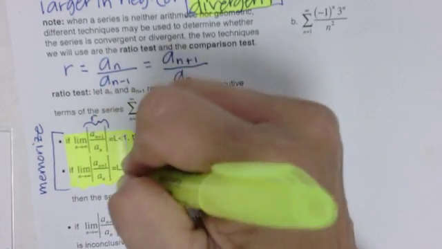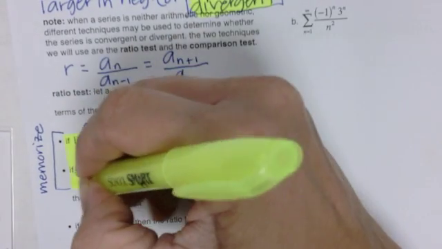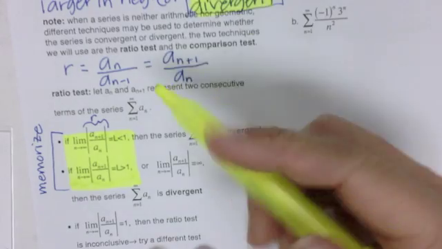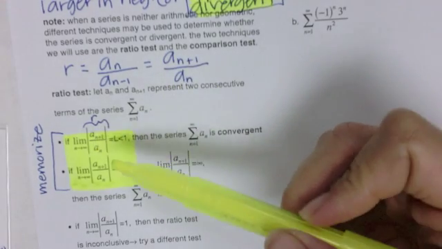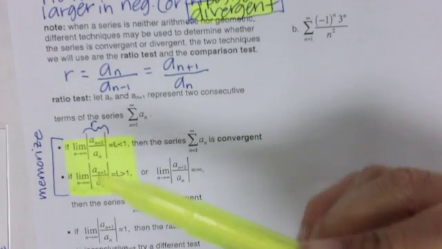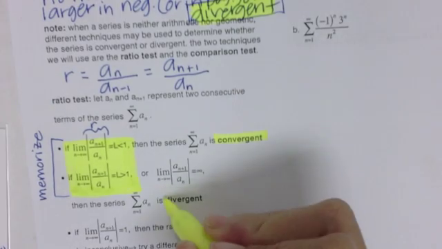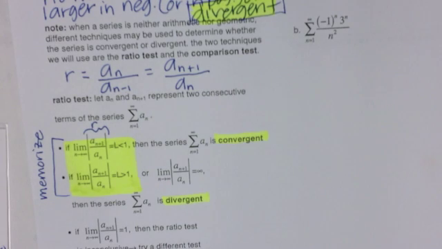And the really nice thing is that this ratio test is something that we're already familiar with slightly. We already know that if r is less than 1, it's convergent, and if r is greater than or equal to 1, it's divergent. Okay?